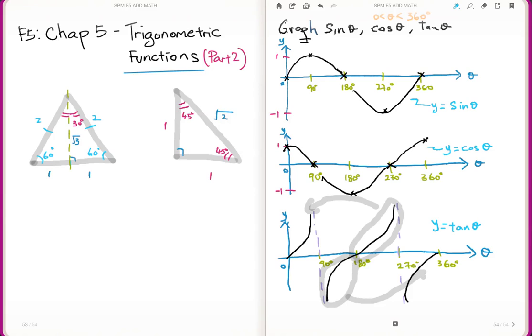Okay, so these are the three standard graphs that you should know. In my next slide, that will be on how to change them. So come back to my left.